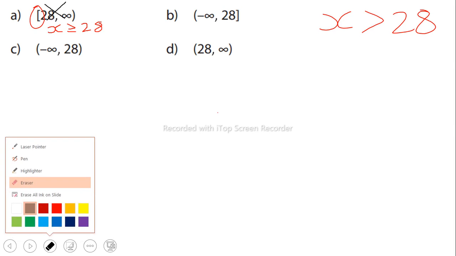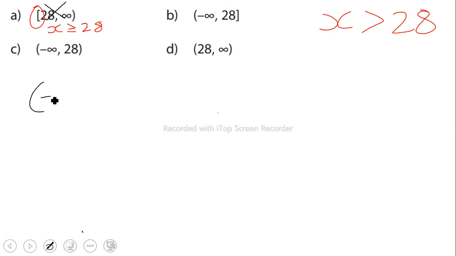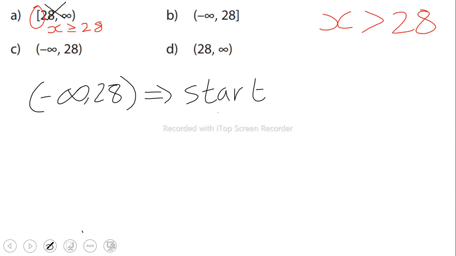Alright, so in words, if you were to put this in words, we want to start at 28. Now, when we say start at 28, let's put quotation marks around it, because we are not really starting at 28, because 28 is not included. We are starting at numbers less than 28, but 28 is going to be our marker.